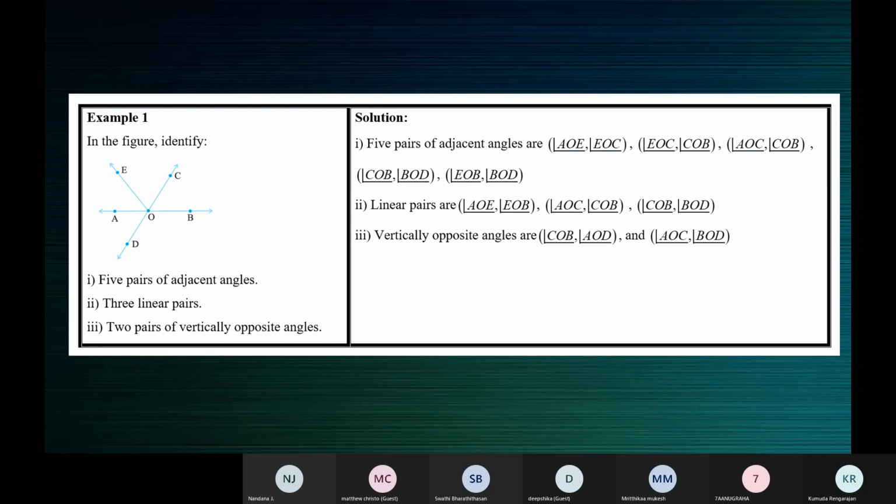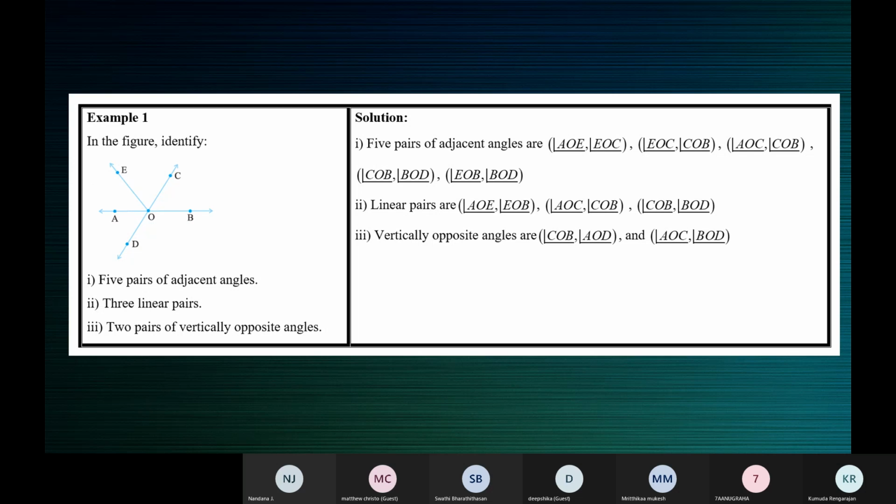Ma'am, I have a doubt, ma'am. In the example one, you have given one figure, ma'am. Can we say it is collinear points? Which points are collinear in the figure? In that straight line there are 3 points formed, ma'am.